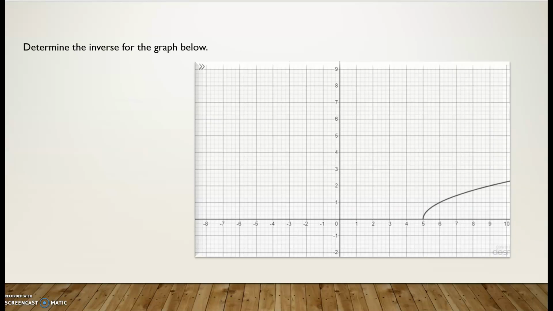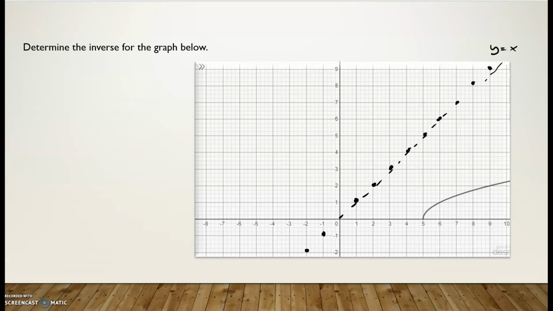Okay, well, look at this one right here. Determine the inverse for the graph below. So I need to draw y is equal to x. And so whatever y is, x will be. So we should go through 1, 1, 2, 2, 3, 3, 4, 4, 5, 5, 6, 6, and on up. I'm getting off just a little bit up there. Negative 1, negative 1, negative 2, negative 2.